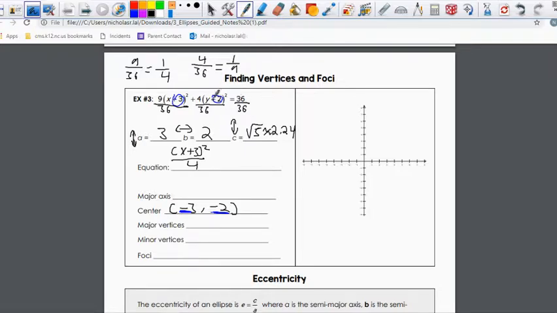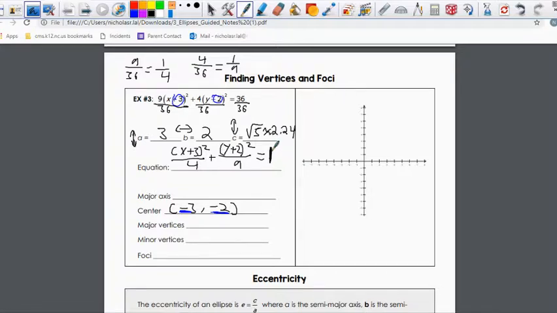So (y plus 2) squared times 1/9 is equal to (y plus 2) squared over 9. And that's equal to 1. So this gives us our standard equation.